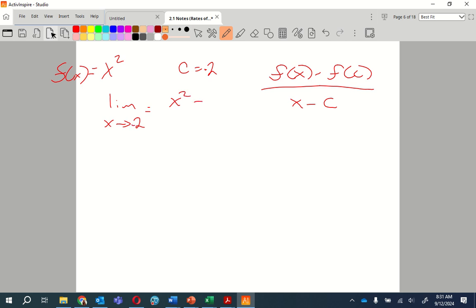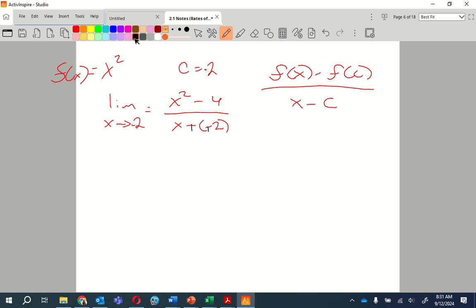That means I'm going to plug in -2. -2 squared is going to be a +4 over x minus c. Yes? Okay. Now, two negatives make a positive. So let's change that up.